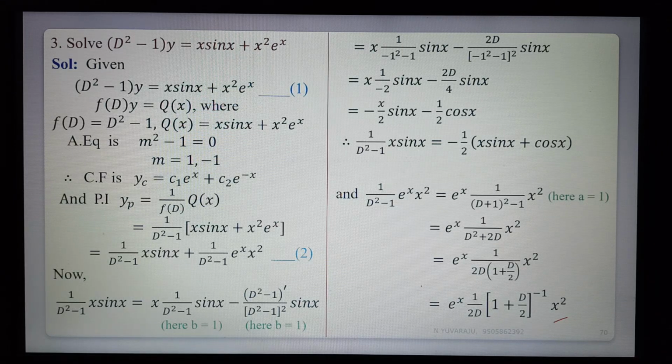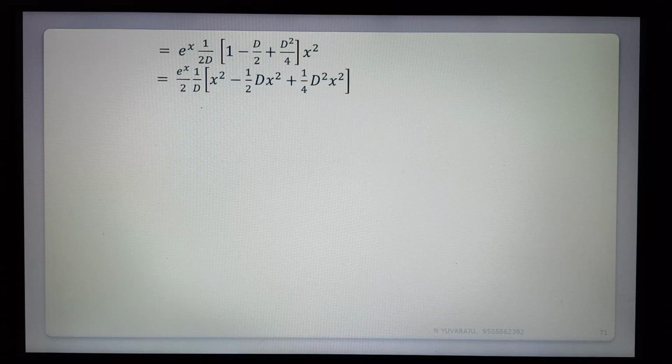So now continuation. e power x into 1 by 2D into (1 minus D by 2 plus D square by 4) by expansion. Now multiplying with x square: e power x by 2, 1 by D into x square minus 1 by 2 into D x square plus 1 by 4 into D square x square.